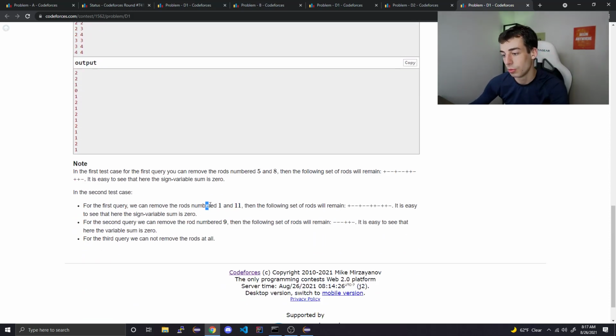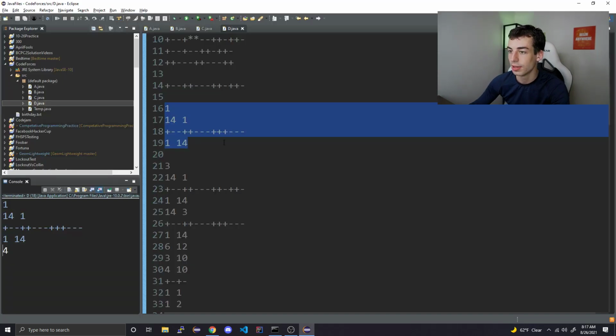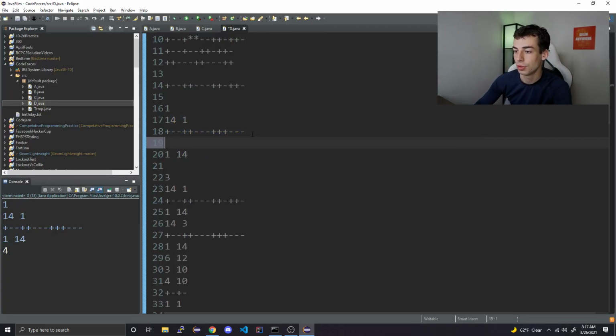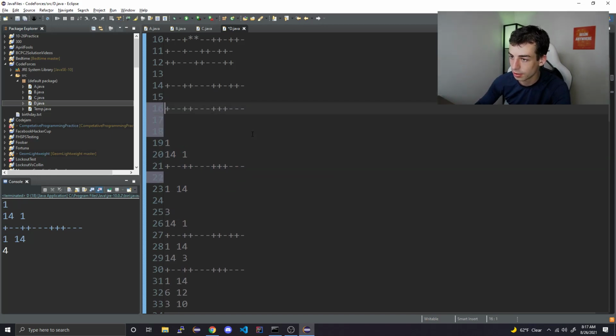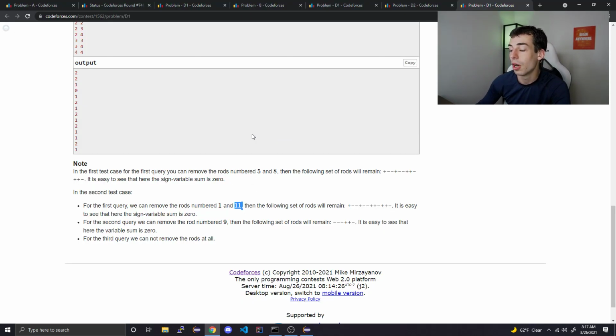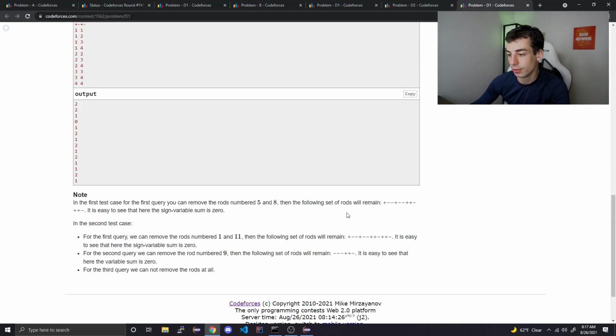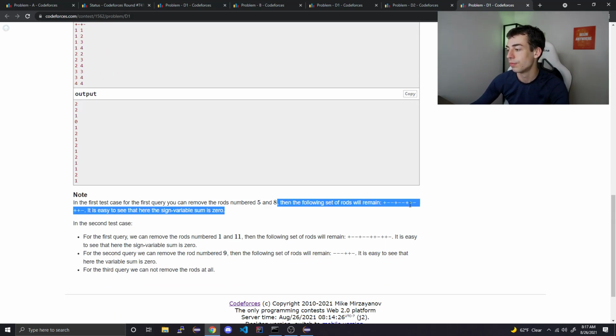For the first query, we can remove the rods numbered 1 and 11. Okay, so let's try this again here. So we got this. Oh, because when you remove it, things change. Yeah. Okay, that's interesting.